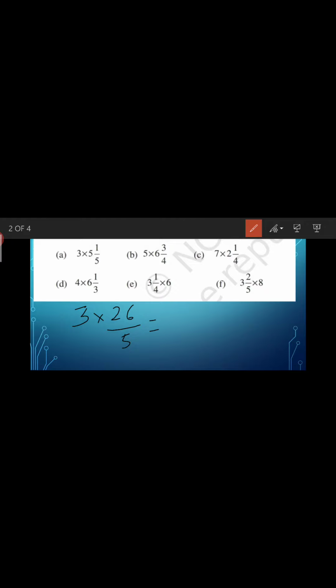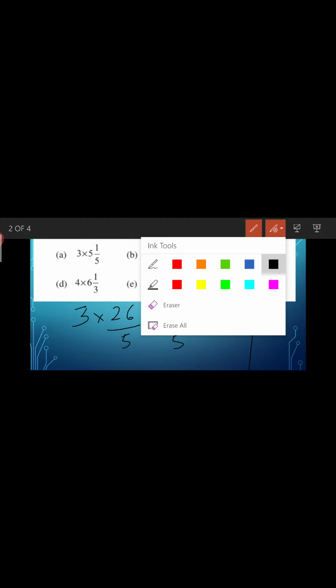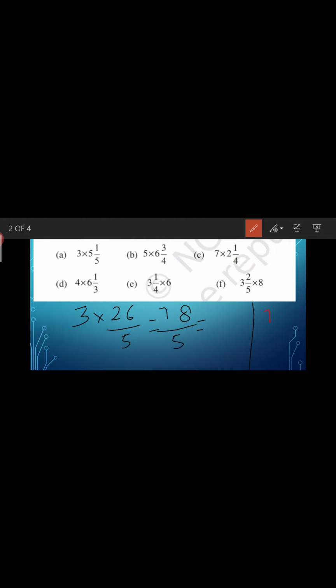What we have written here, 26 into 3 is 78 upon 5. So how can you write 78 upon 5 as a mixed fraction? So in your rough space in the notebook, you have to solve it, that is 78 divided by 5. 5 ones are 5, remainder 2, and 8 is brought forward, and 5 5s are 25. Now the remainder is 3.